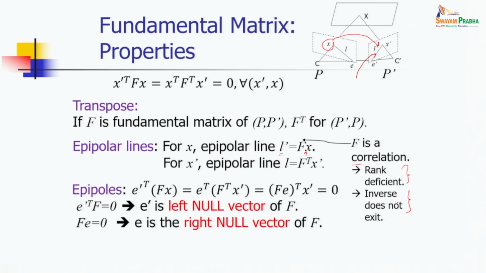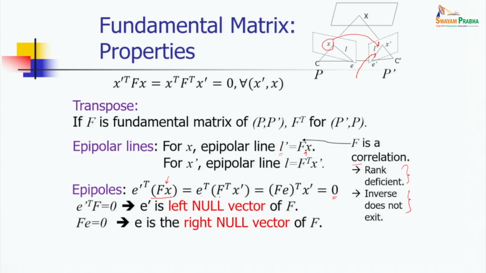For the epipoles, we can see that the epipoles are also lying on the epipolar lines, because all the epipolar lines converge at the epipole. Which means that E prime transpose L prime, which is given by F x, is equal to 0, because it contains that.